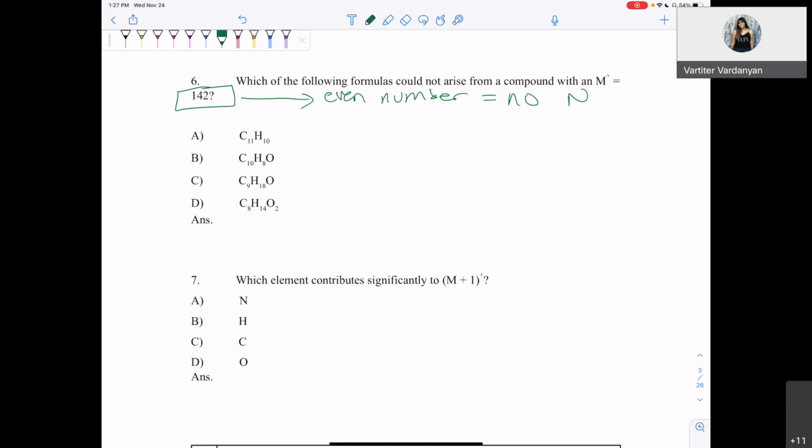An even number of nitrogens would work, but he's not going to ask you that; he's asking you something else if he gives you an even mass. If he gives you an odd mass, he specifically wants you to figure out how many nitrogens there are. If he gives you an even mass, he has to give you more information because it could be anything, if that makes sense.